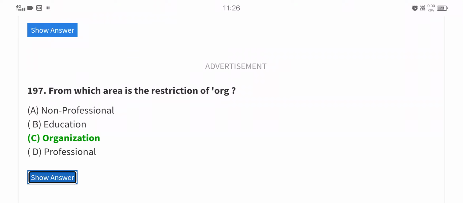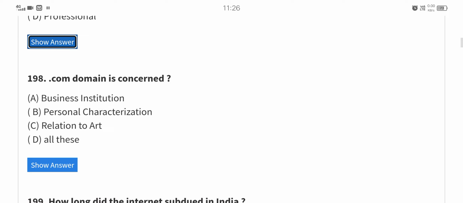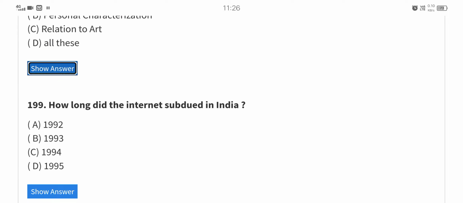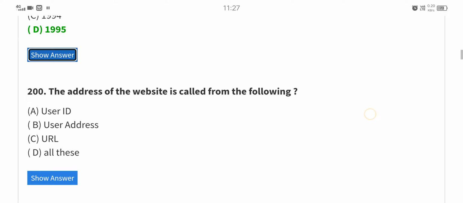Browser. ORG is the domain structure for which type of area? Organization. The .com domain is concerned with business institutions. When did the internet arrive in India? 1995. The address of a website is called what? URL.